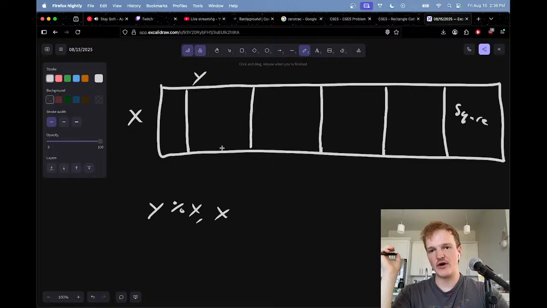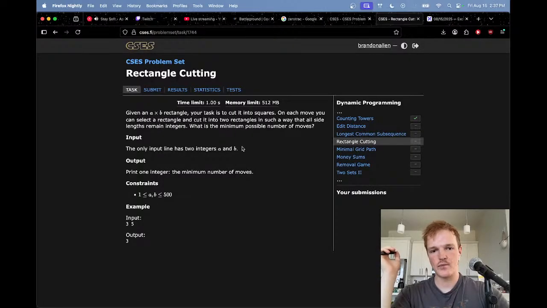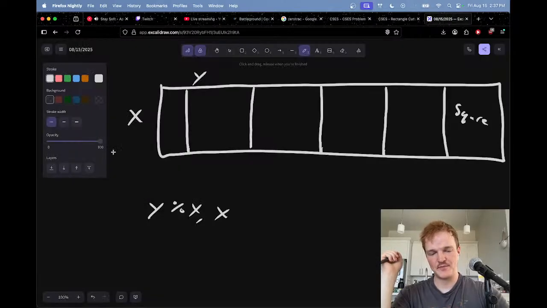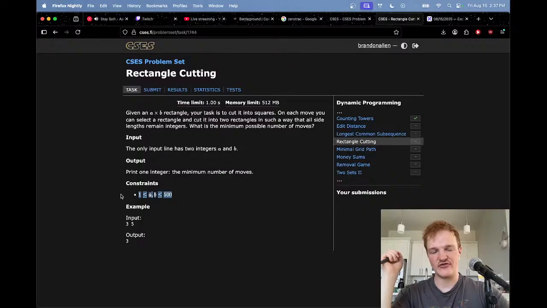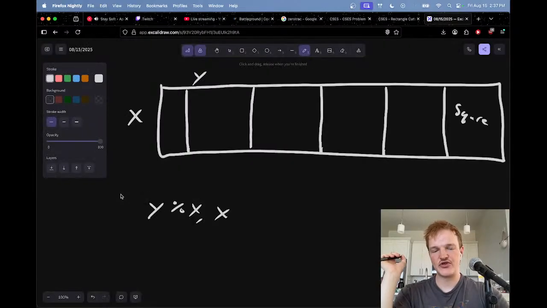Is there ever any reason why you wouldn't do that? The minimum possible number of moves. A and B are only 500. So you could just have your state space be 500 by 500. No, because you would need it to be a 500 by 500 state space where you also try cutting at every partition.